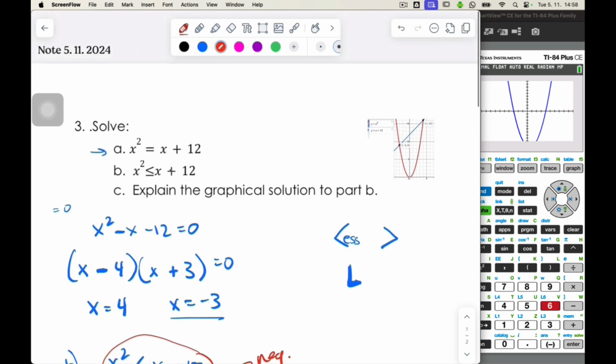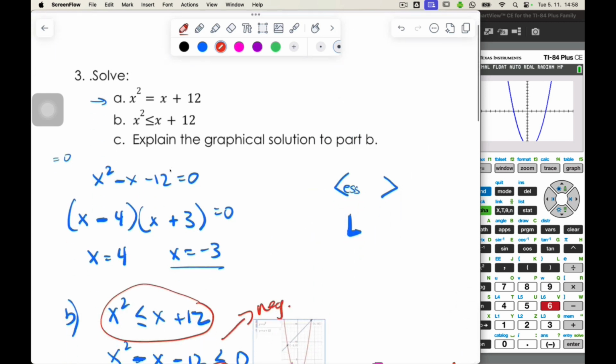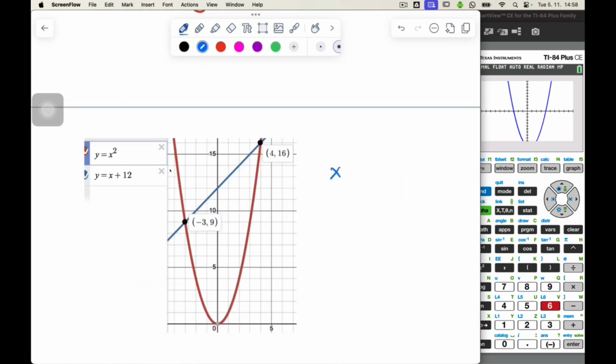Now the last part I want to talk about is this graph here. The question was x squared less than or equal to x plus 12. If I graph the two graphs, you can see clearly that the red graph here is x squared, and the blue line here is x plus 12.